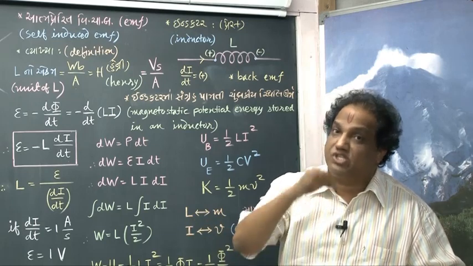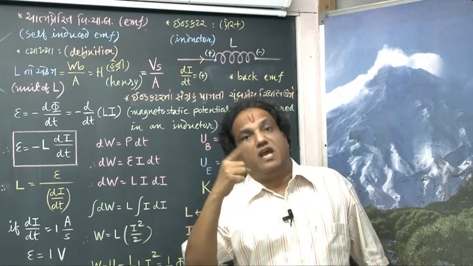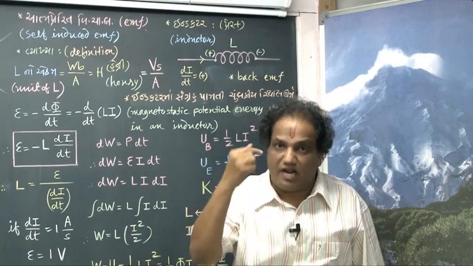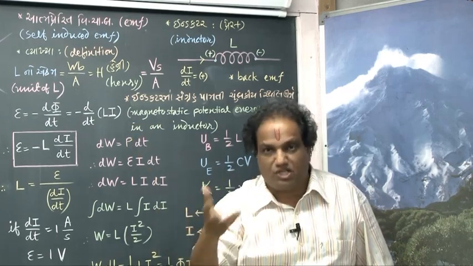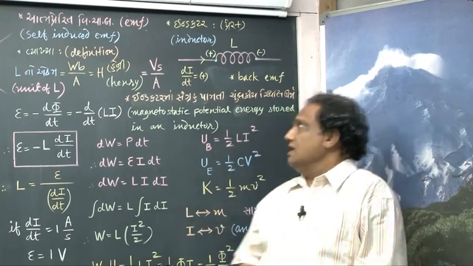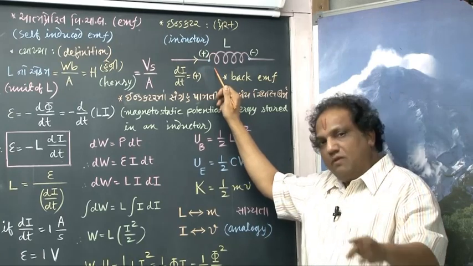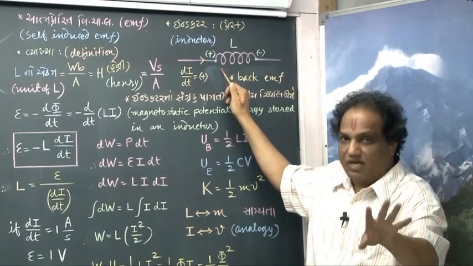Inductor opposes change in current. If current wants to increase, it will not allow it to increase. If current wants to decrease, it will not allow it to decrease. It will try to stabilize the current. This is the job of an inductor. Inductor opposes both changes in the current, might be an increase in the current, might be a decrease in the current.